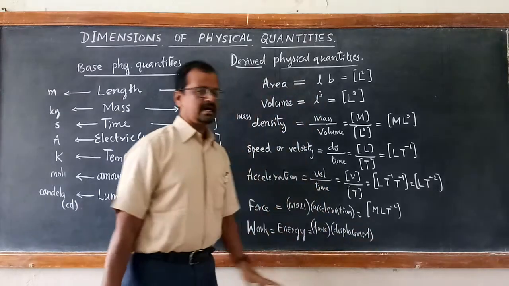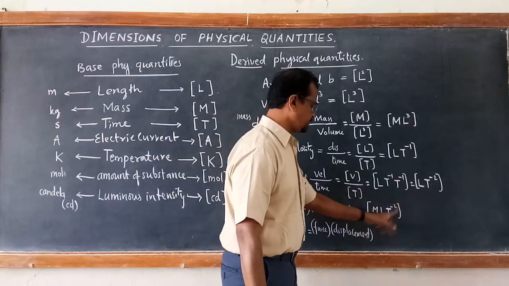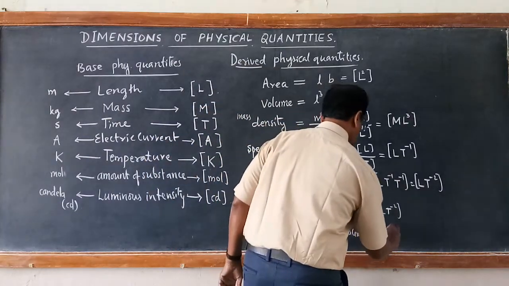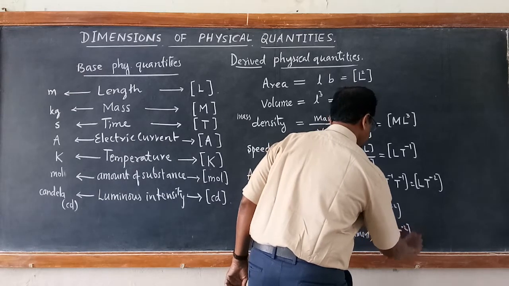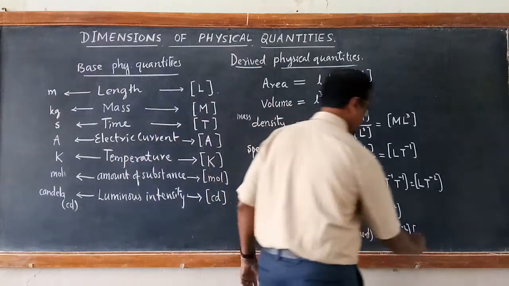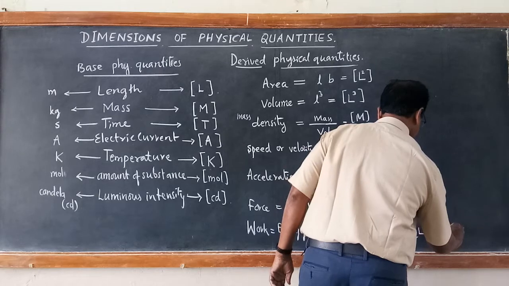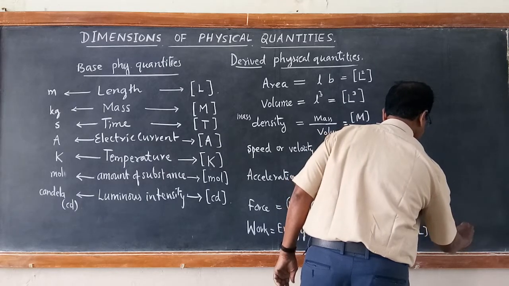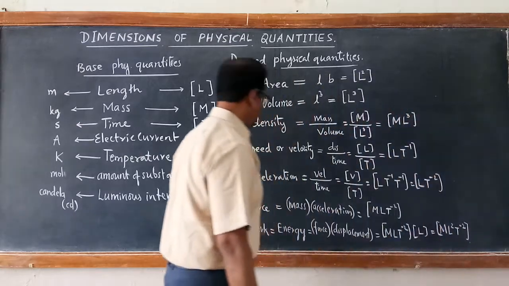Displacement has the dimension of length, and force we have already found as M L T raised to minus 2. Dimension of displacement is L. So we get M L square T raised to minus 2. This becomes the dimension of work.